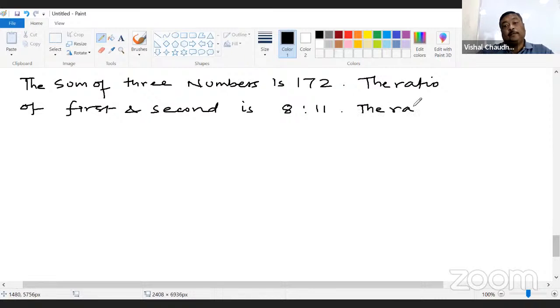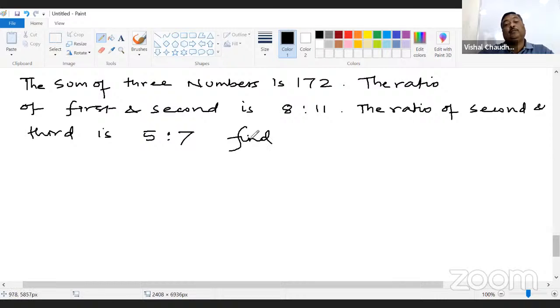Ratio of second and third is 5:7. Find the second number. It says find the second number.